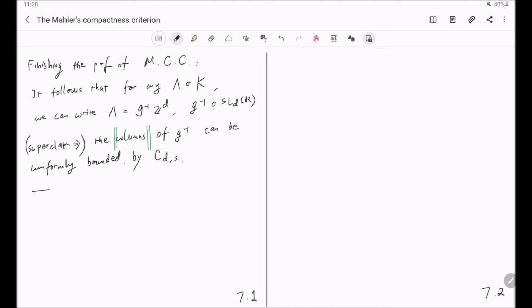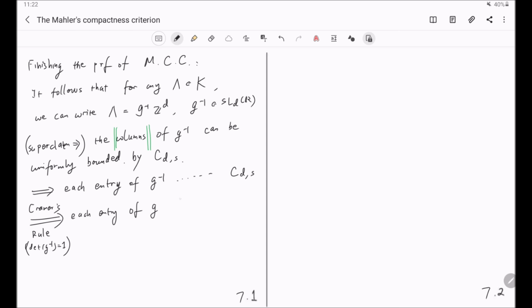And in particular, you know that each entry of G inverse can also be bounded by a constant that only depends on D and S. And because the G inverse is in SL_d(R) and whose determinant is equal to 1, you know by Cramer's rule and the fact that the determinant of it is equal to 1, that each entry of G is also bounded by a constant that only depends on D and S.